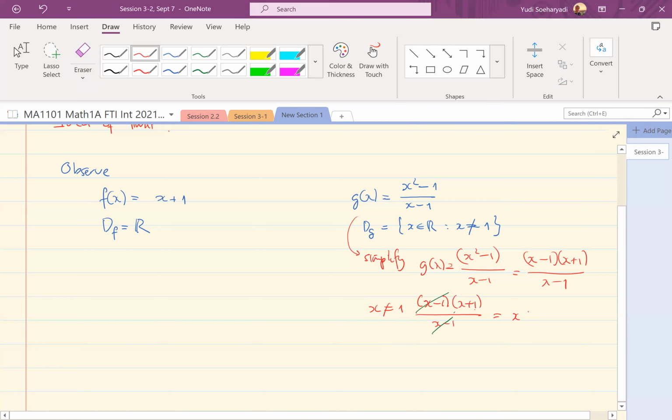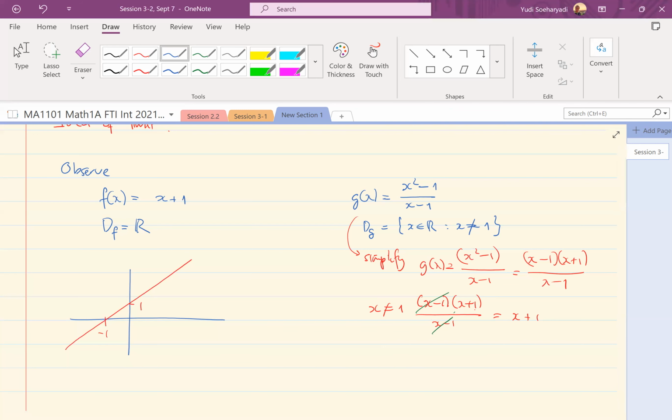So you end up with the same as this one, but this is for x not equal to 1. Okay, and what if you try to graph the functions? Then you just get this one here. Okay, and this is y equals f of x.